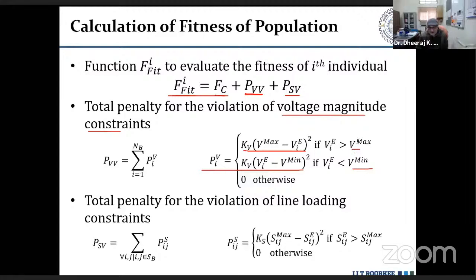But if voltage is within the limit, it will not impose any penalty, so it is 0. So this is for a particular bus, and we have to compute the value for all buses, so that will be the total penalty for voltage violation. And please remember, if all constraints are satisfied at all buses, it will have 0 value.